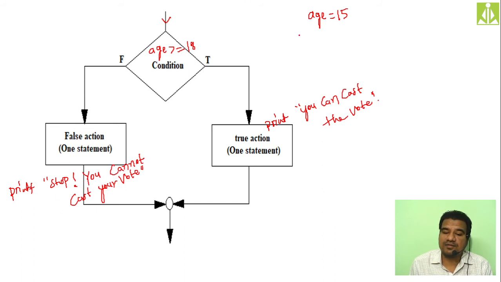Because the person with 15 years age, he came to vote. So should we allow him to vote? No. We should give a warning message to him, and we should not allow him to vote. So that same thing we are doing in the false action. But when the person with a positive age, that is greater than 18 years, is approaching the voting booth, then he is allowed to vote.